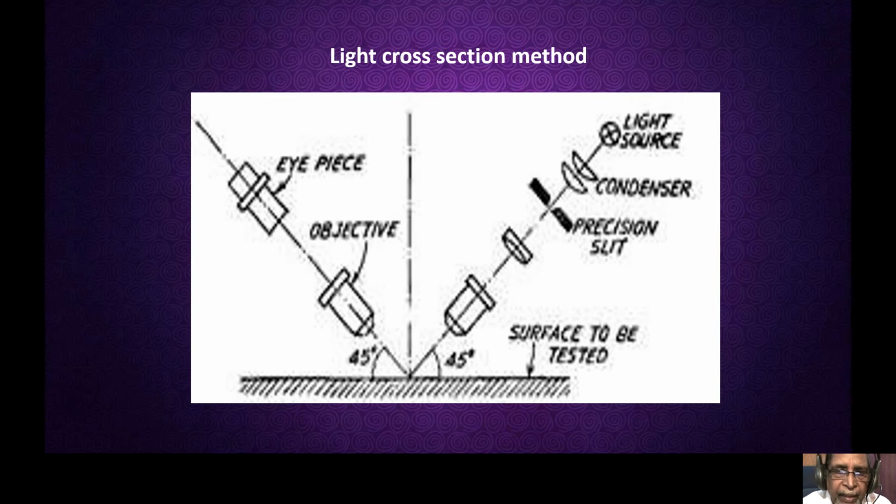After that, there is a condenser, then a precision slit. From the slit, the ray passes through and touches the surface of the job, which you have to test.